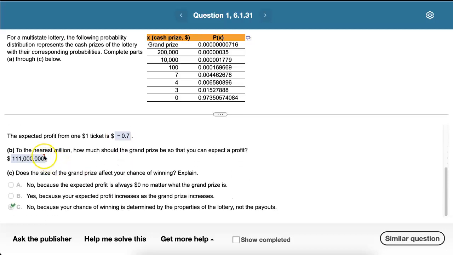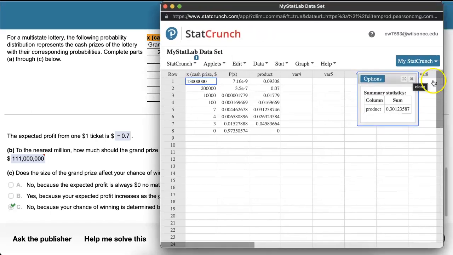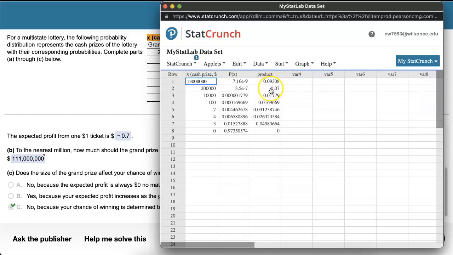The next part asks that to the nearest million, how much should the grand prize be so that you can expect a profit? For this one, I'm going to get a little creative here with StatCrunch. What I'm going to do is select just these values. Remember, these do not contain the grand prize product.